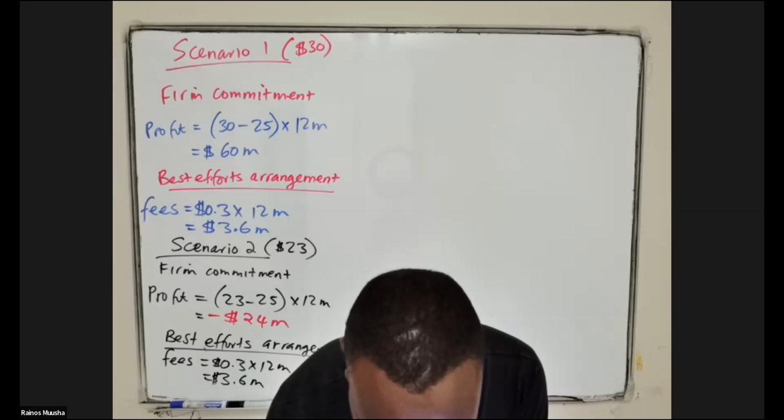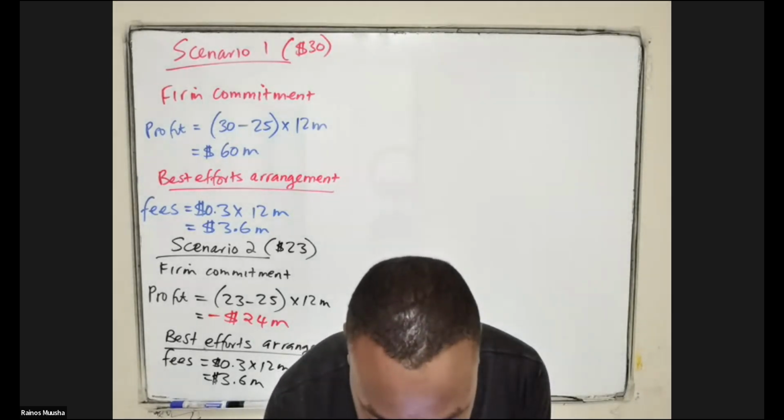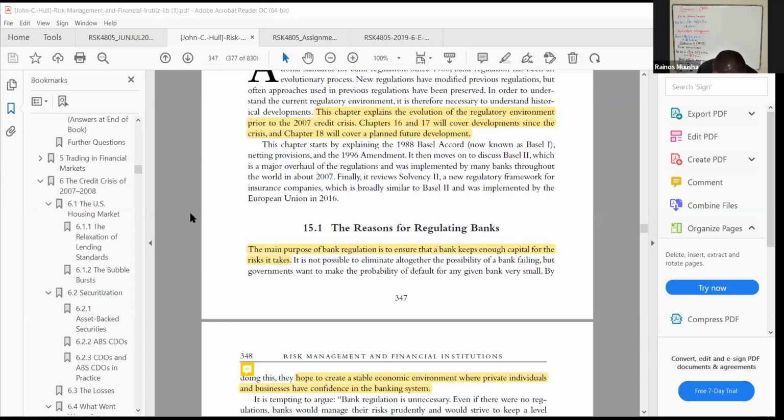If you go to page 347, on page 347 they say the main purpose of bank regulation is to ensure that a bank keeps enough capital for the risk it takes.